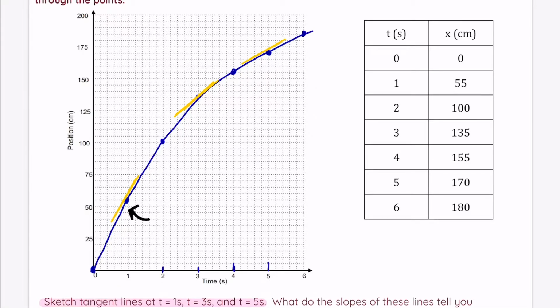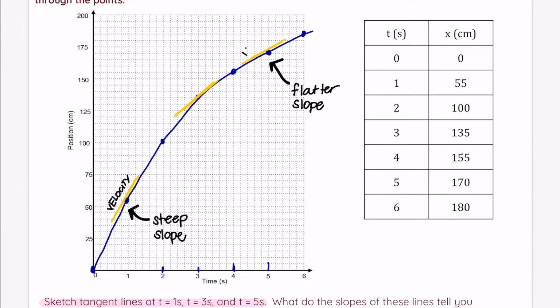And so we see here that we have this starting point right here, and we see that this is kind of a steep slope. And over here, we see that the slope is now a little bit flat. Okay, and so if you remember on a position time graph, each of these slopes is a velocity.